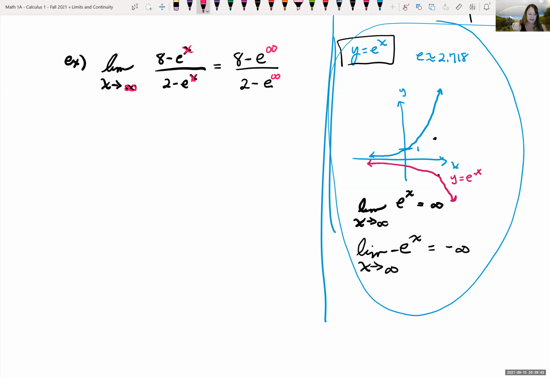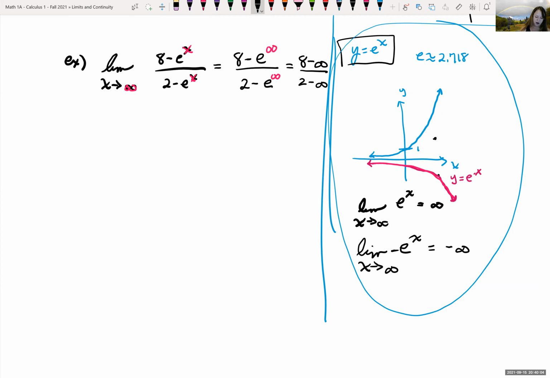That minus, we talked about how this is actually shooting downwards. So this is going to be 8 minus infinity all over 2 minus infinity.